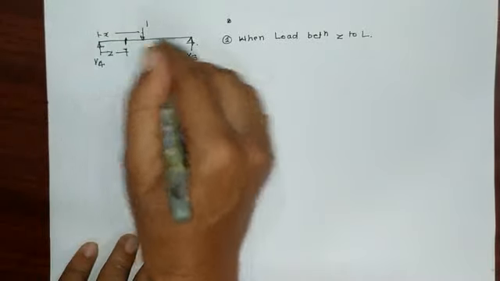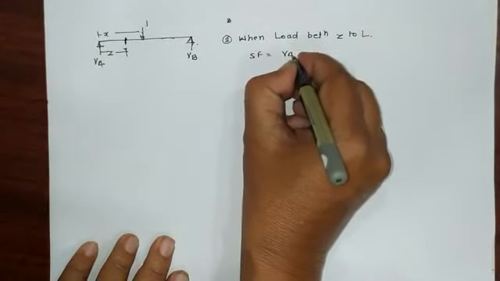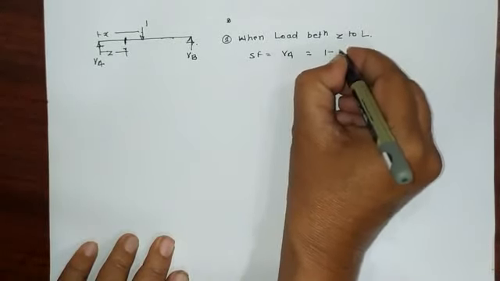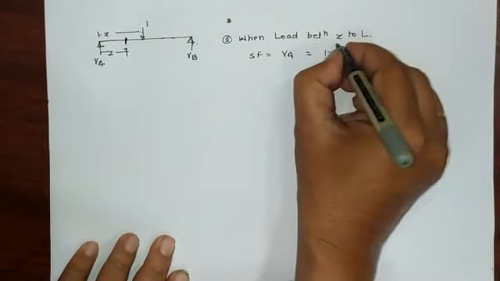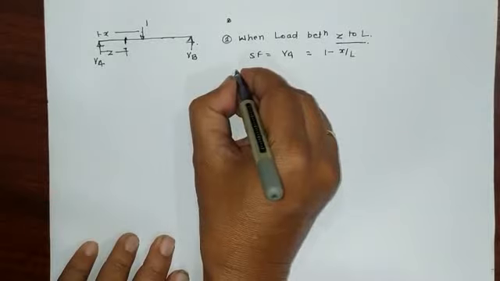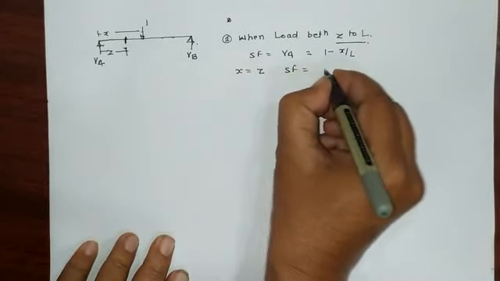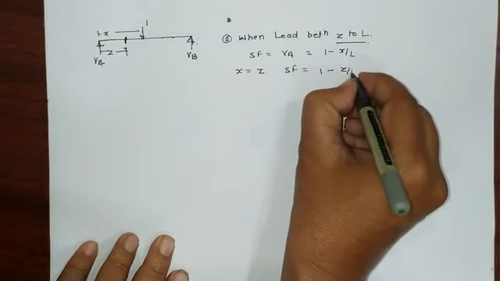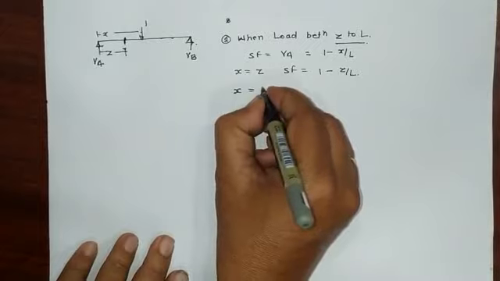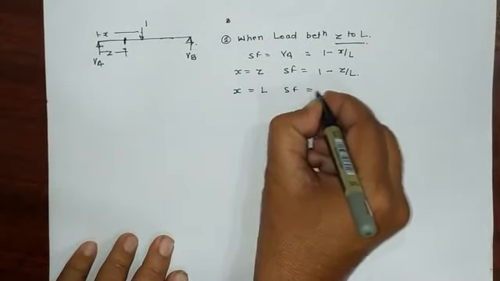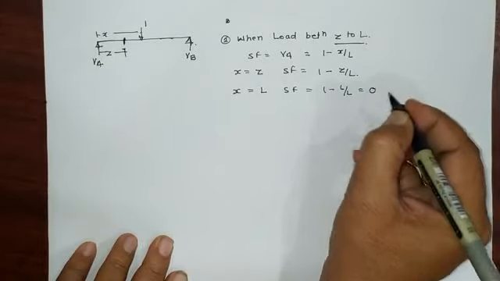We can take it from the left side, so that shear force is VA, and VA is equal to 1 minus X by L. So again we have to put this limit for Z to L. So X is equal to Z, this shear force is equal to 1 minus Z by L, and X is equal to L, this shear force is equal to 1 minus L by L, and that is 0.